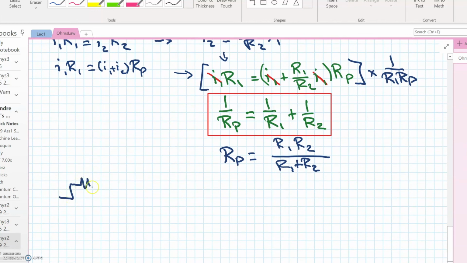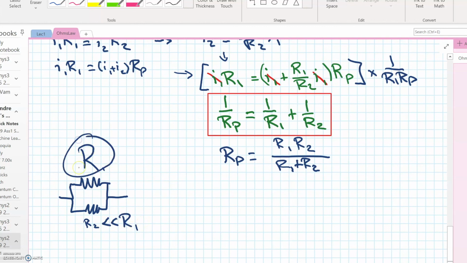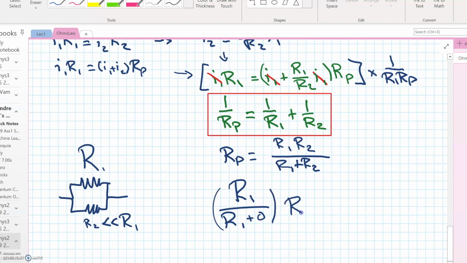If we have a big resistor and a little tiny resistor 2, say this is, I don't know, 100 kilo ohms and the other one's 100 ohms. If we look at that, the way these add up, we're going to have R1, remember our big R1, over R1 plus basically 0, a little blip there, times R2.